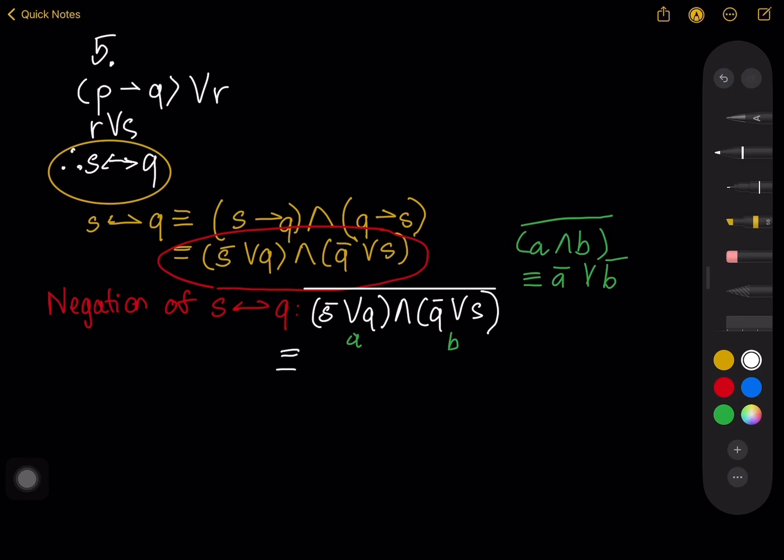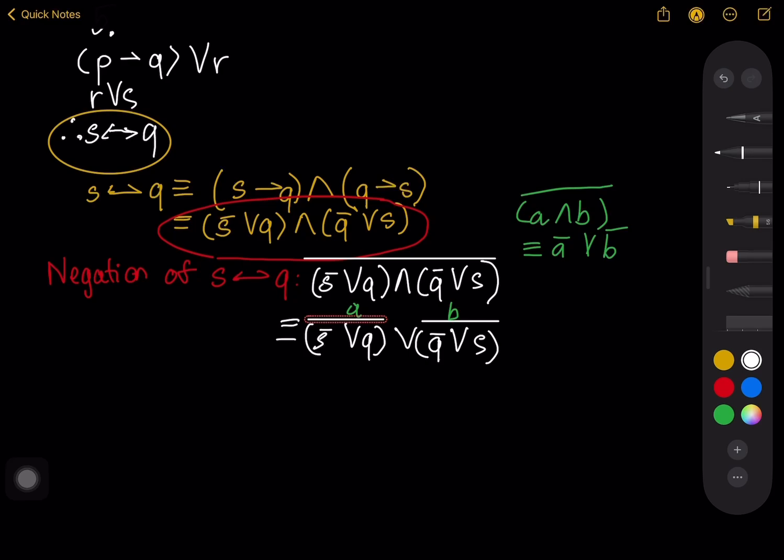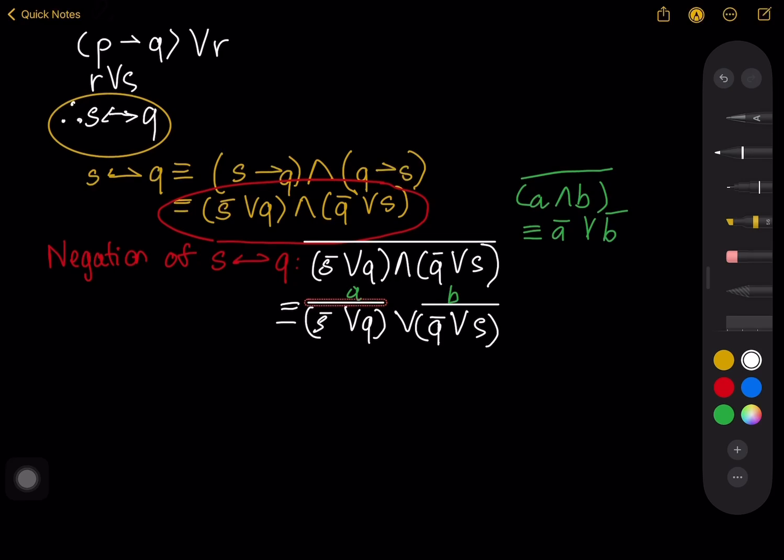Okay, so we have not (S or Q), and then the negation, or not (Q or S), and then the negation. All right, so now we still have the negation, and of course we need to break down the negation.